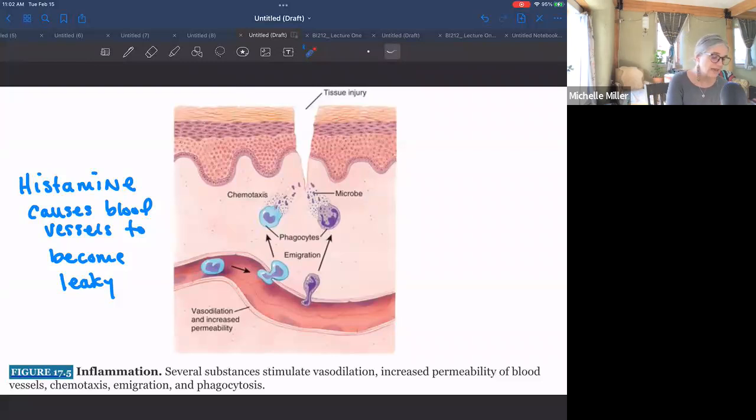So this is just showing the process of inflammation and why tissues swell, why we have increased blood flow. Pain is really important because it gives us the signal that something has happened, for example, damage to the skin or damage to an internal organ, and that there is some healing that needs to take place.